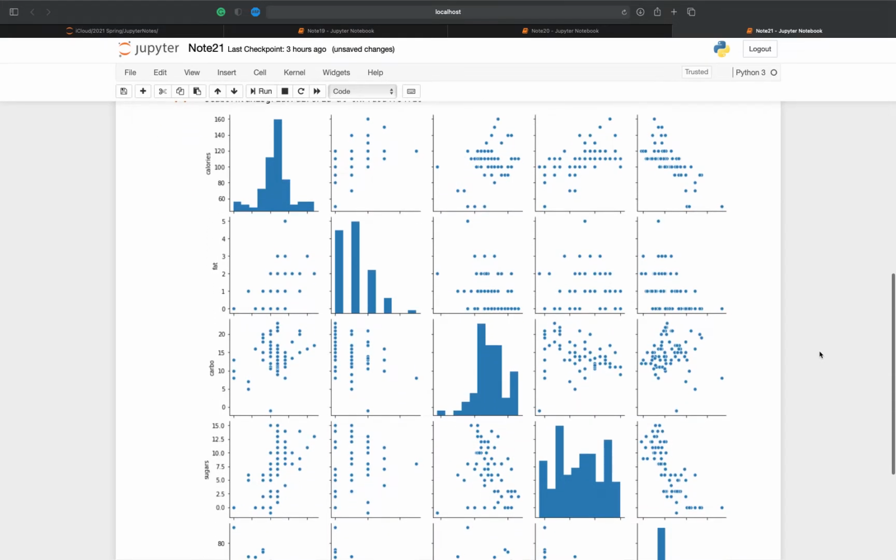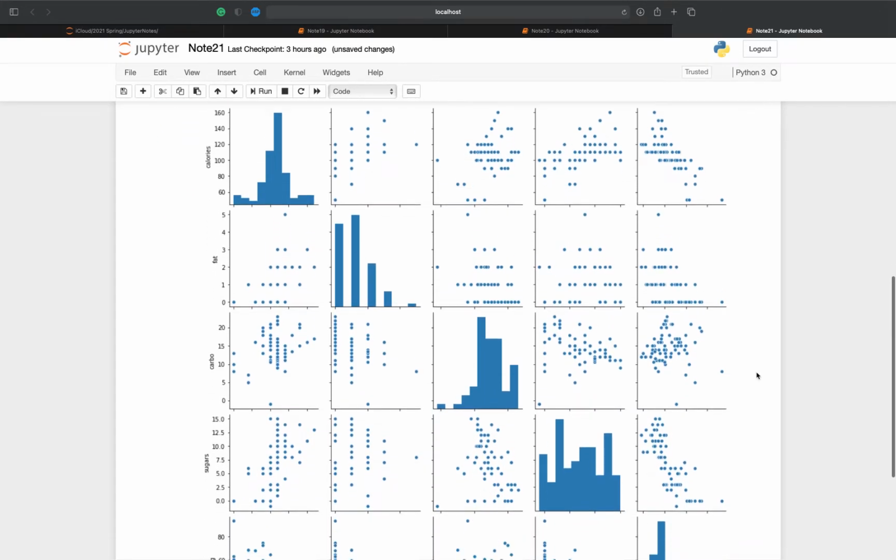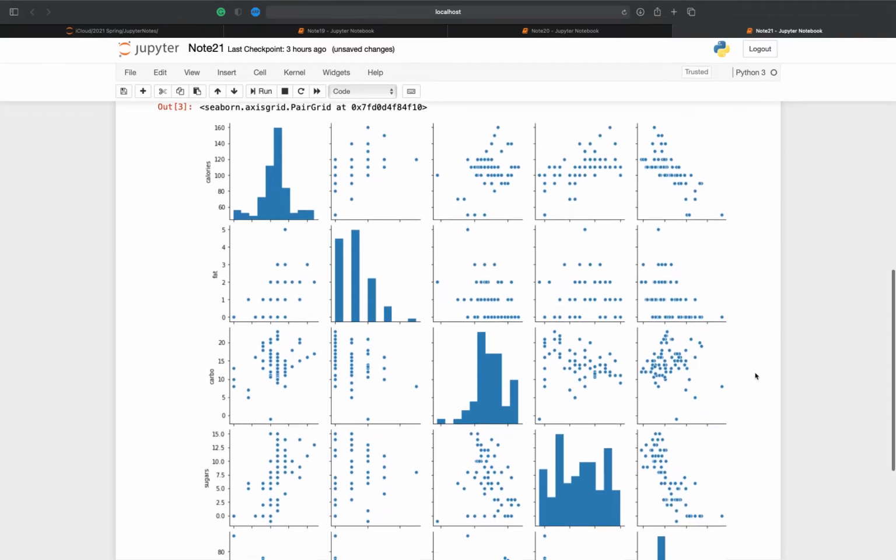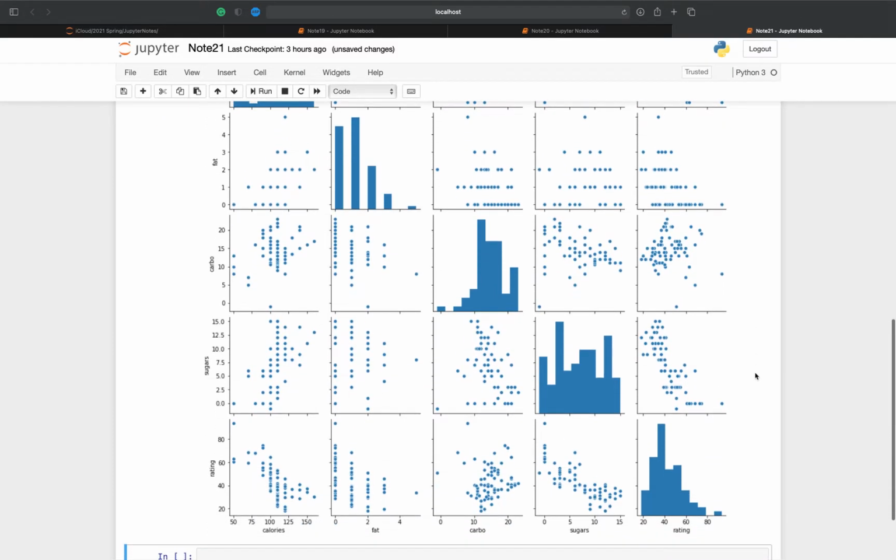In this correlation matrix, I wish it was smaller. We have calorie, fat, carb, sugar, rating, all of them versus the other variable. As you see, on rows and columns we have the same variables. What happens? We are drawing a scatter plot of calories on the x-axis, for example, versus rating.